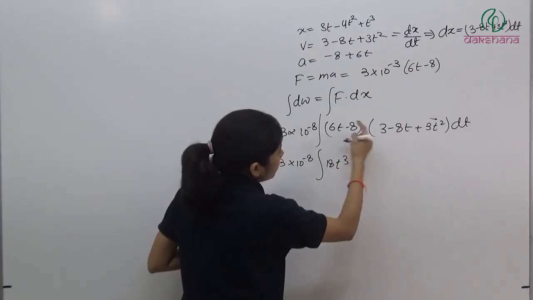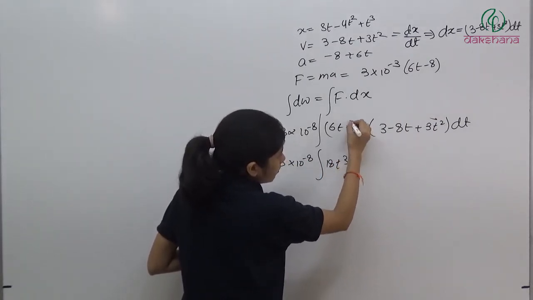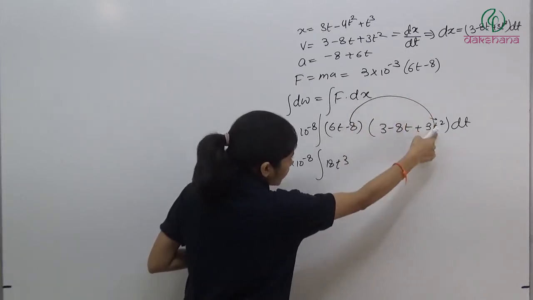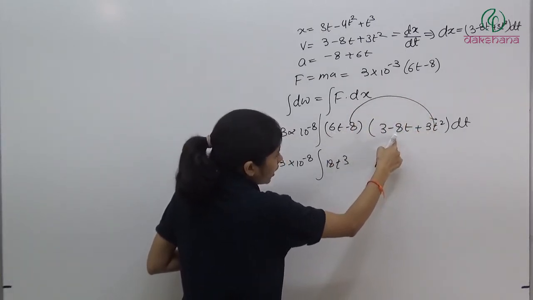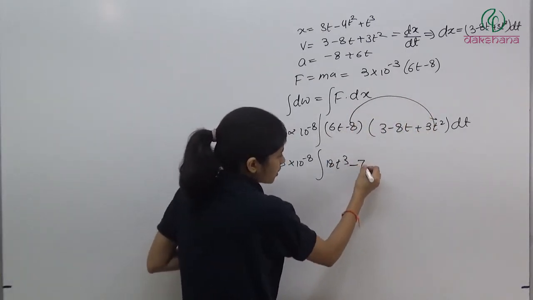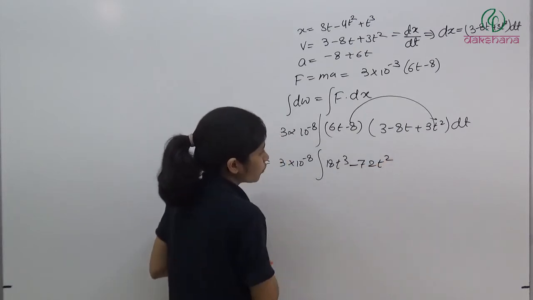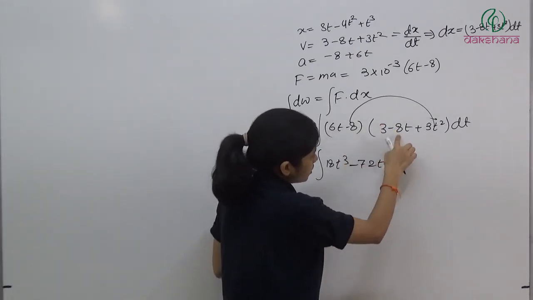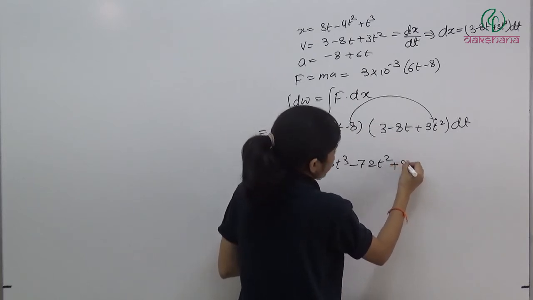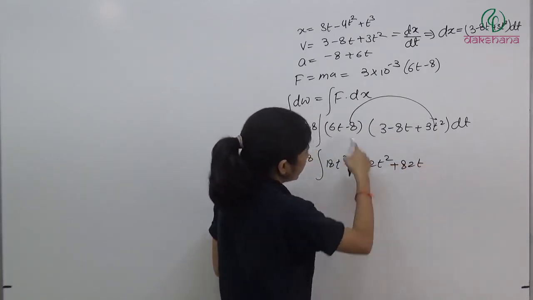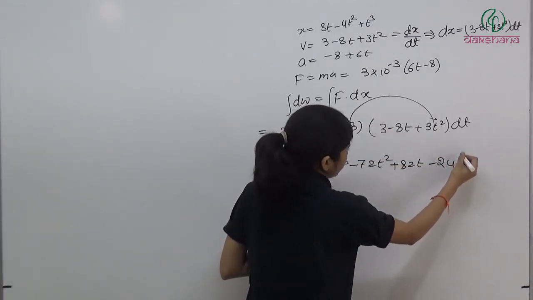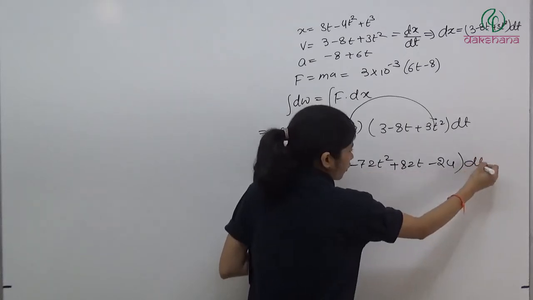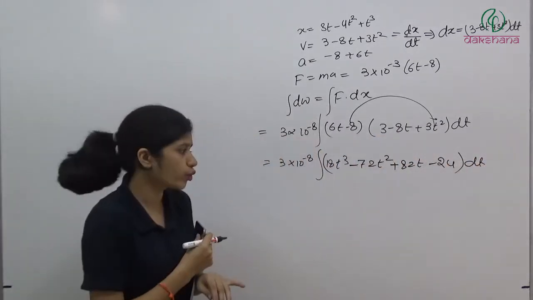Then minus 8t square minus 24t square, and here we have minus 48t square, so minus 72t square. Now 18t and 64t, so plus 82t, and then minus 24 into dt. If you multiply these two brackets, you are going to get this.